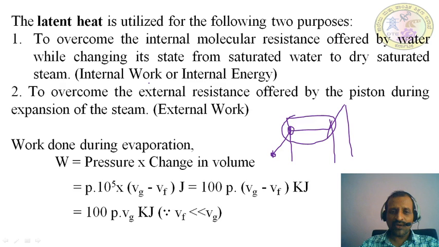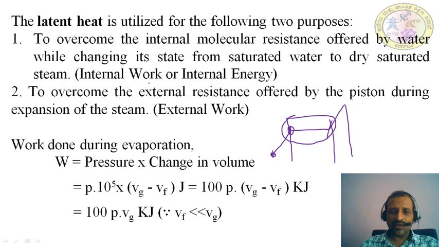If you subtract the initial volume from that volume, you will get the evaporation volume, the change in volume. Final volume minus initial volume gives the change in volume, right? This is P into dV. dV means change in volume, that is Vg minus Vf.